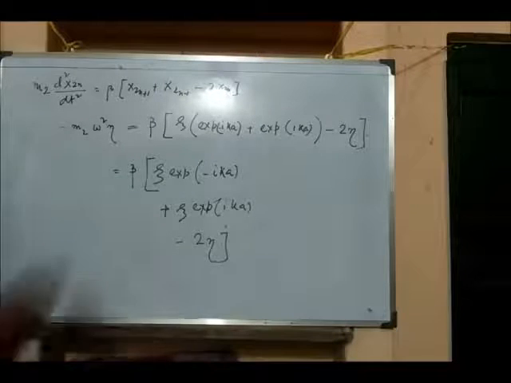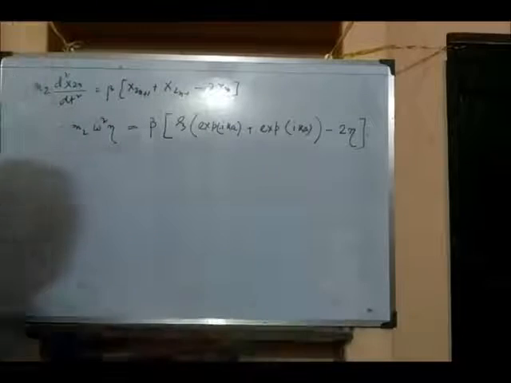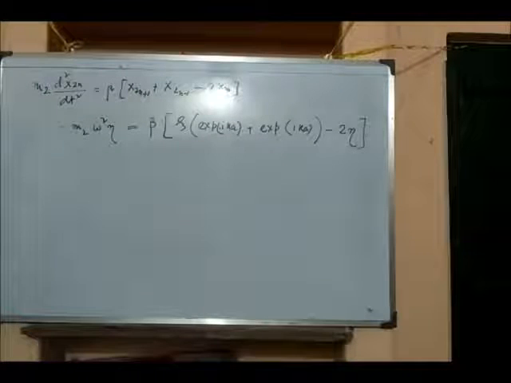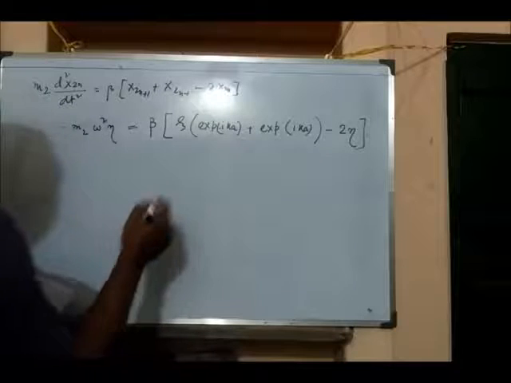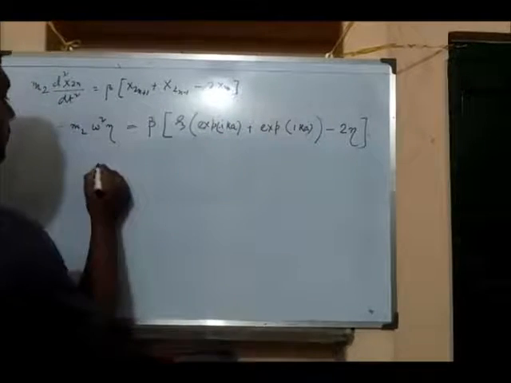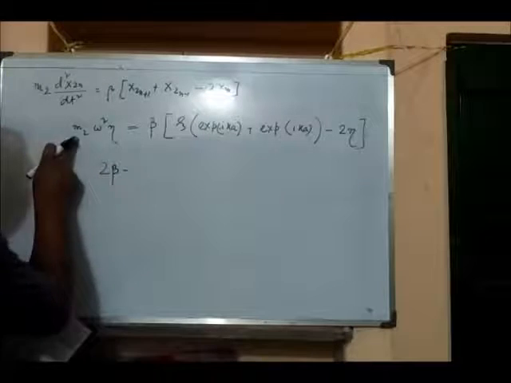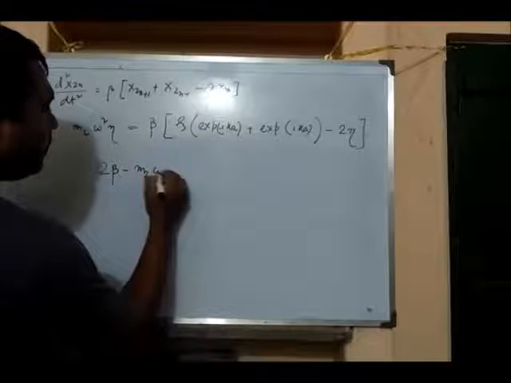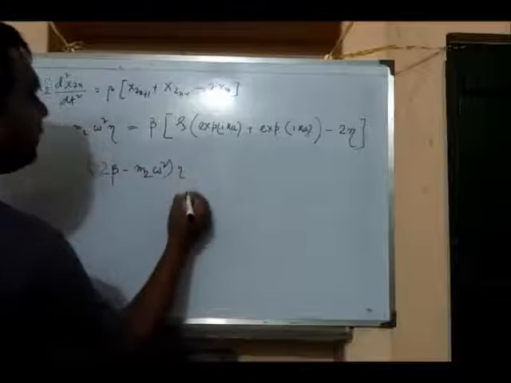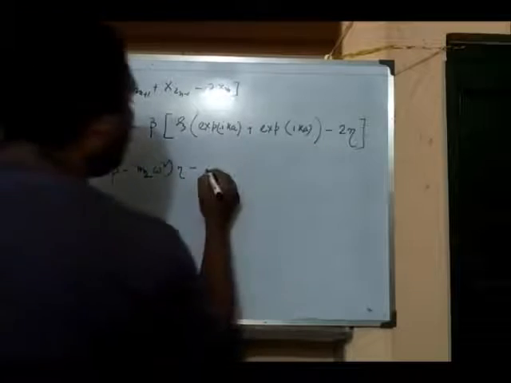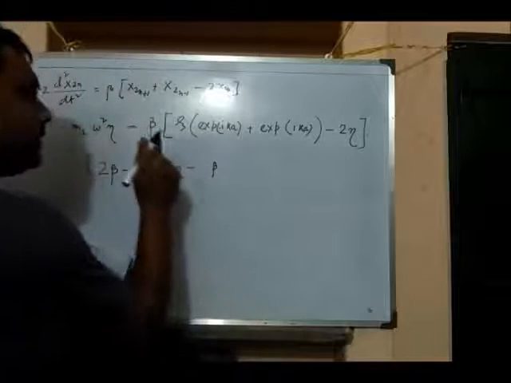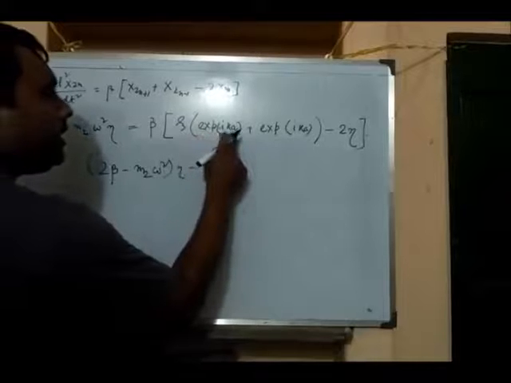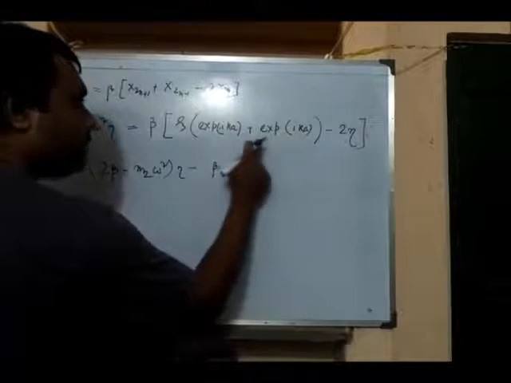Okay, so from this equation, if you bring the whole thing to the left hand side, what you will get? This will be (2β − m₂ω²)η minus β ξ (exponential minus ika plus exponential plus ika).